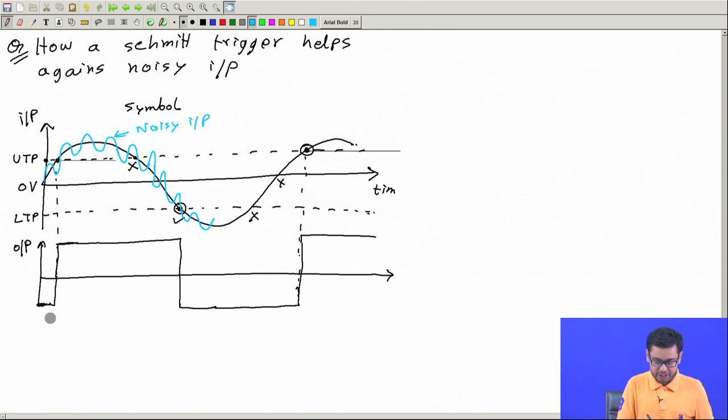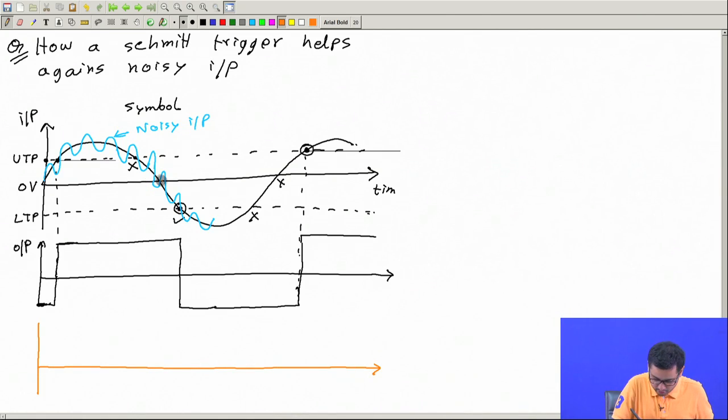Now if we had used a comparator, then the output would have been like this. So let's just consider at this point only. Here you see for a small region the input is above 0, so output will be positive. For a small region, then it will be negative. Okay, fine, no problem. But before that, here it's negative for a small part, and before that it's positive.